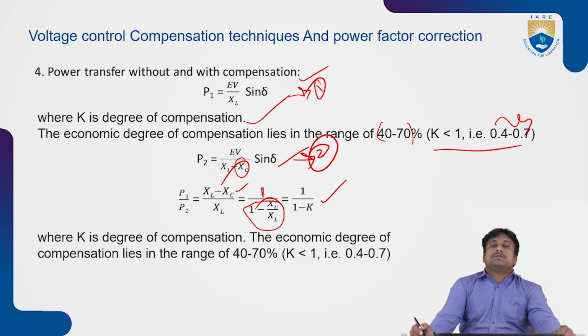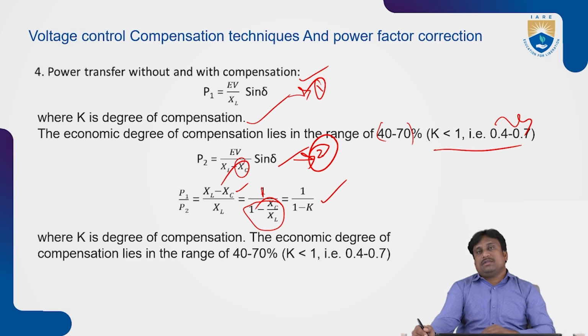What is K here? K is called the degree of compensation.